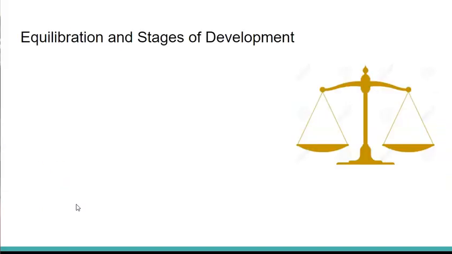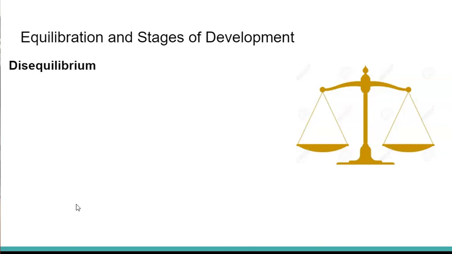When we also talk about assimilation and accommodation, we have to talk about equilibration and the stages of development. But before we talk about equilibration, we have to talk about disequilibrium. Disequilibrium is cognitive conflict.